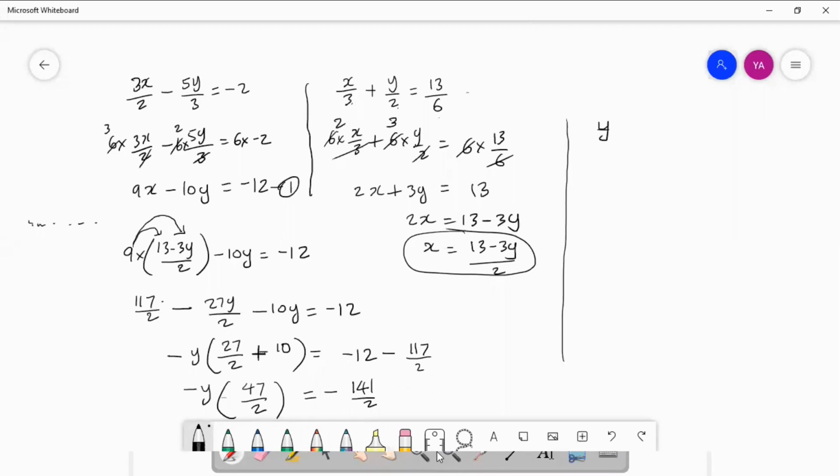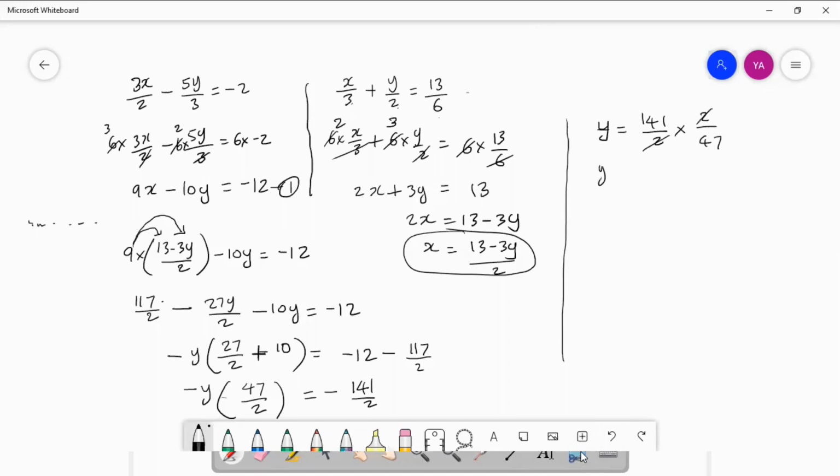So y is equal to 141 by 2 on the right side, and 47 by 2 moves over as 2 by 47. So you can cancel the 2's.